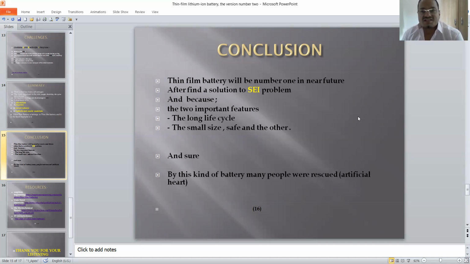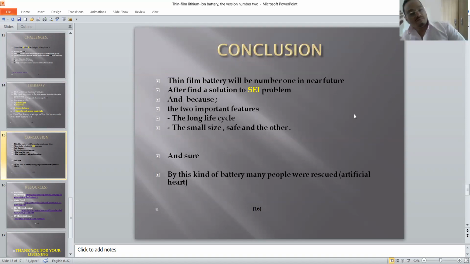Like the last example, when I was talking about the credit card. In the medical field, sure, this kind of battery can be helpful because, for example, we know many people are suffering from some problem in their hearts. That means after the technology, now we can make something like an electronic heart.